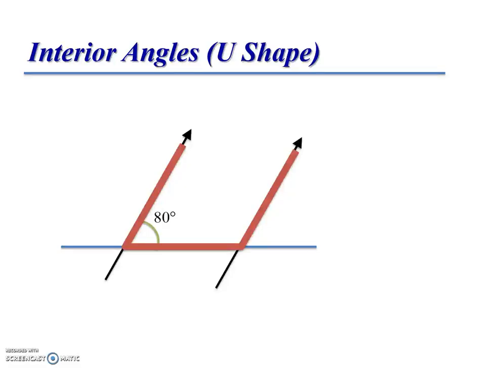If one of the angles here is 80, the other interior angle will not be the same, if that's what you're thinking. Basically, the total for these two angles will always give you 180 degrees, which is similar to the straight line characteristic. So the value of this angle is 100 degrees.